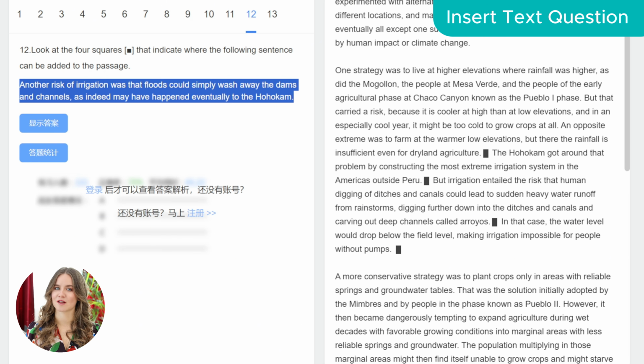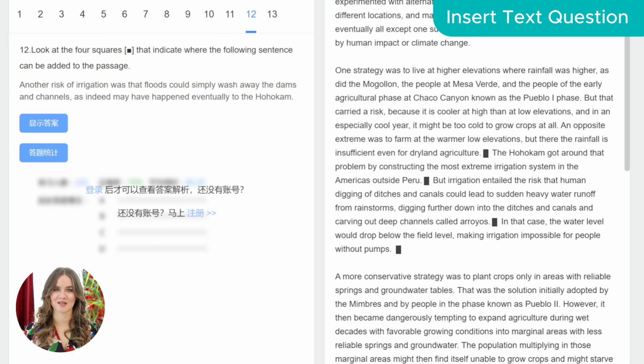The sentence mentions another risk of irrigation, which means that before we introduce it, we need to mention the first risk of irrigation. It also talks about floods. We don't have any pronouns to help us here, but the phrase "another risk" will allow us to find the right answer. Now, look at the sentence that begins with, "But irrigation entailed the risk."